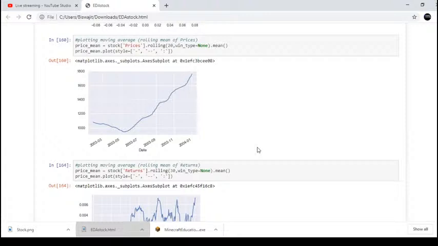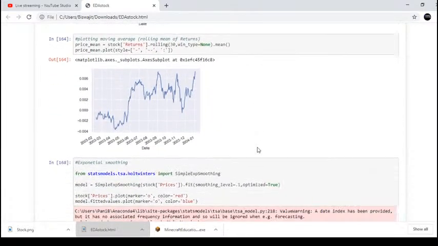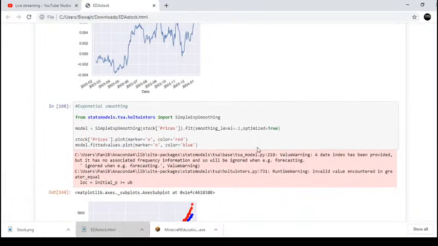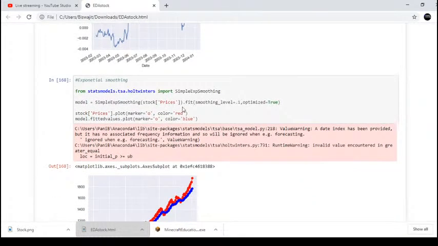So the nearer observations are more important, and that's exactly the idea behind using exponential smoothing, where you give higher weight when you are smoothing your curve to the nearer time series observations. And from the statsmodels we have got the simple exponential smoothing, and then the smoothing parameter that you have to use, I've used 0.1.